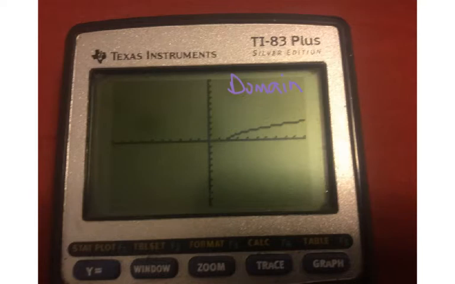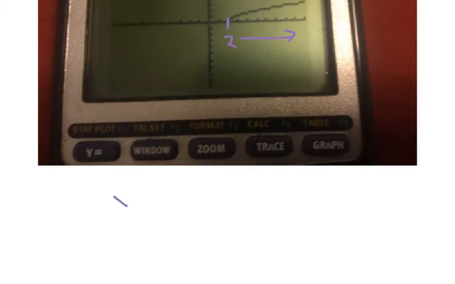Well, some people can just look at the graph and determine it. Like you can see, it looks like it starts at x is 2. And the graph exists as we go this way along the positive x-axis. So the question is, can you plug 2 into the original equation? Well, y is equal to the square root of x minus 2.